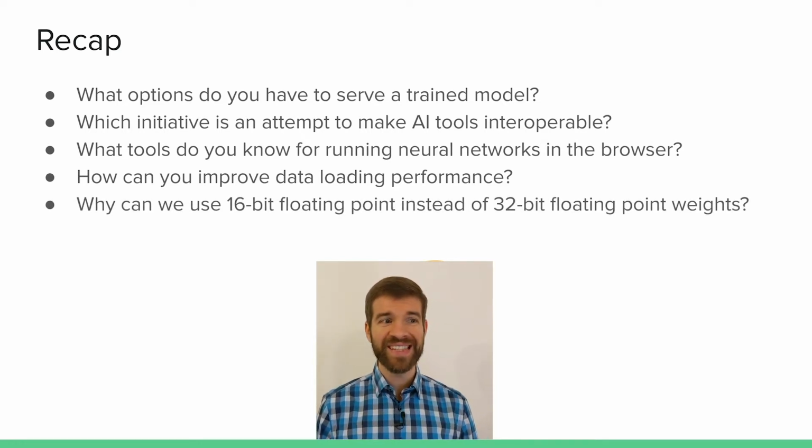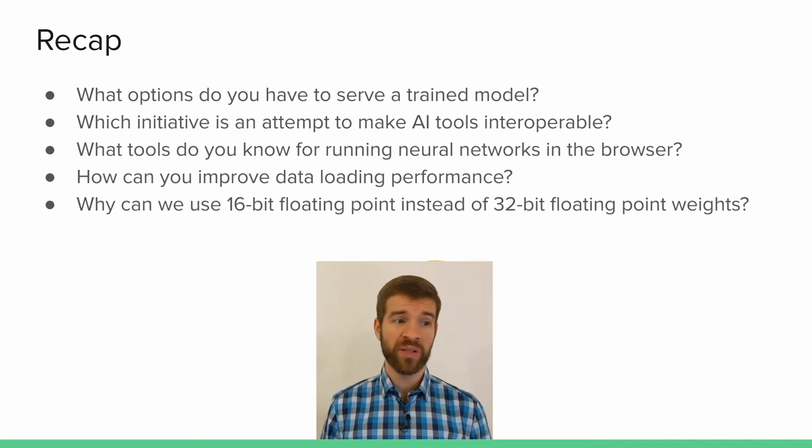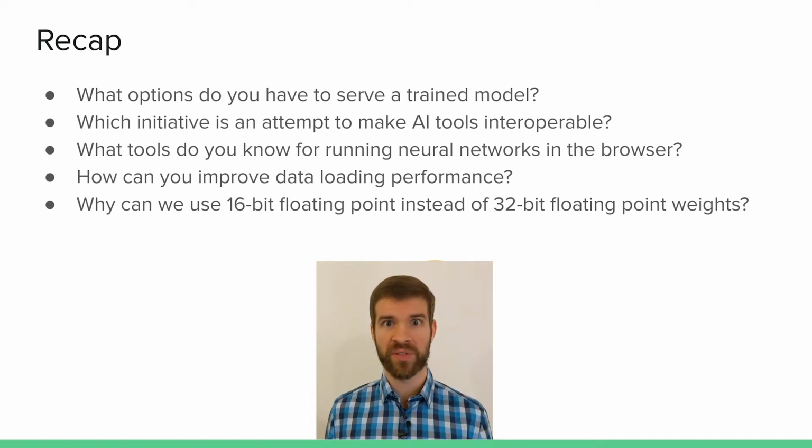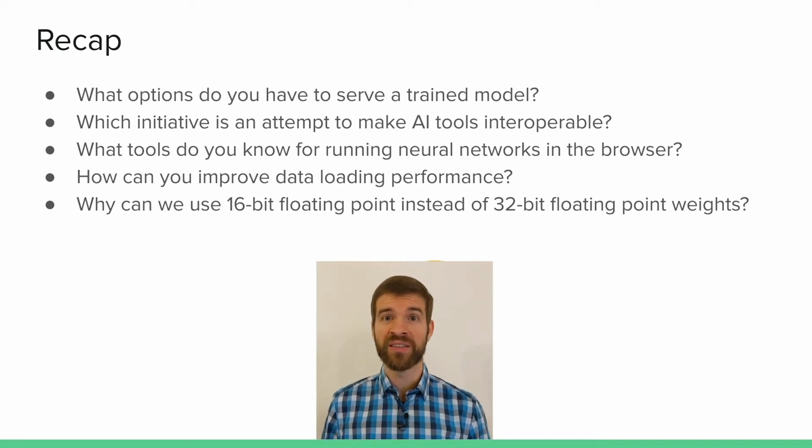Why can we use 16-bit floating points instead of 32-bit floating point weights for our neural networks? The answer is that most of the time we don't need those very large values that 32-bit floating points give us, or even sometimes 64-bit. Neither do we need the precision that they give us. That means we are operating in a space where you can approximate your numbers with a lower precision. Of course, we're losing some information there, but usually, statistically speaking, and for our neural networks, we have millions of weights.